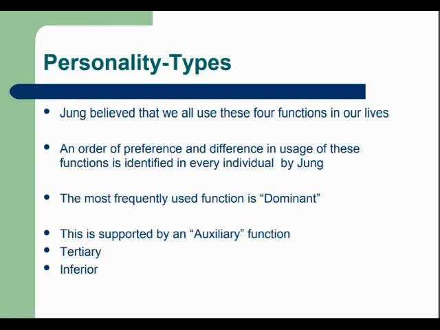Jung believed that we use these four functions in our lives. An order of preference and difference in usage of these functions is identified in every individual by Jung. The most frequently used function is dominant. This is supported by the auxiliary function, tertiary, inferior.